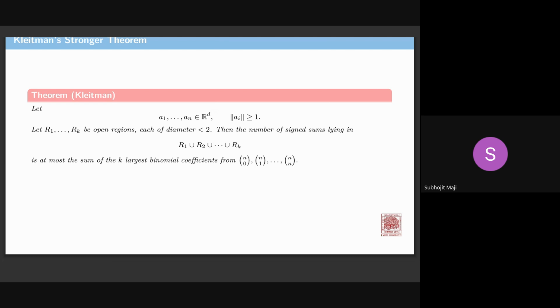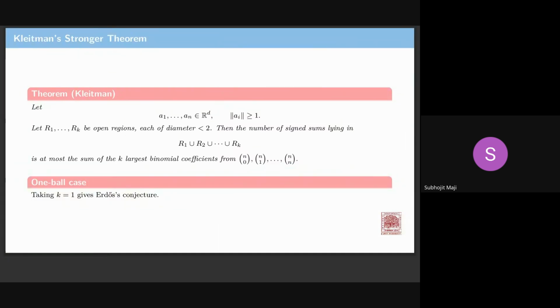So that is n choose (n minus k plus 1) by 2, up to n choose 2, up to n choose (n plus k minus 1) by 2. So the sum of those k largest binomial coefficients from this series. That is what Bateman showed.